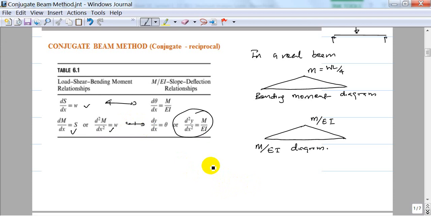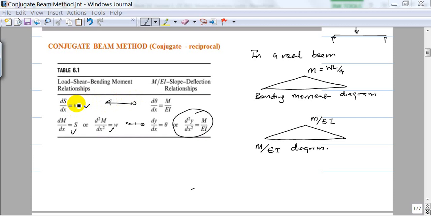What is that idea you are getting? You can see that if you apply a load on a real beam and you derive a shear, you can plot a shear force diagram, and the first derivative of the shear force equation gives you the load.